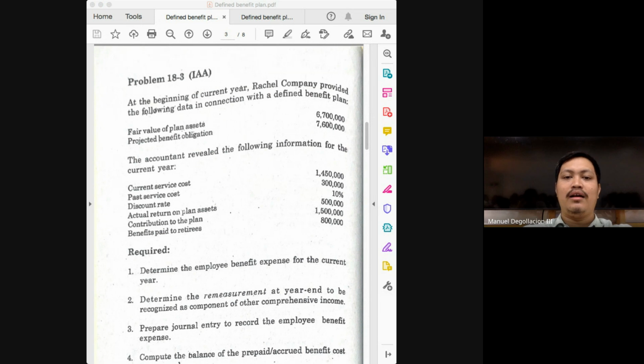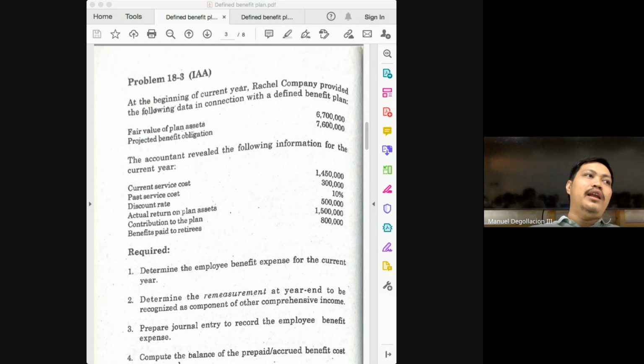Those will be the only components of your net interest in this problem. So how much do we have? 760 minus 670. How much is that, class? 90.